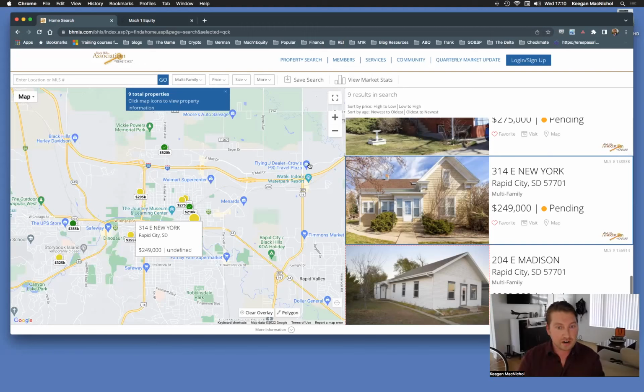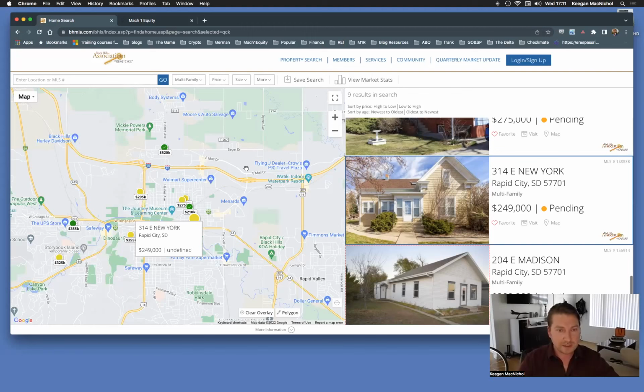It's kind of a tertiary market, a little over 100,000 people, so it's not a huge market. Certainly not a primary or secondary market, but it's probably a good representation of a lot of Midwestern, middle America markets in terms of prices and rents and things like that. So this is their MLS, the Black Hills MLS.